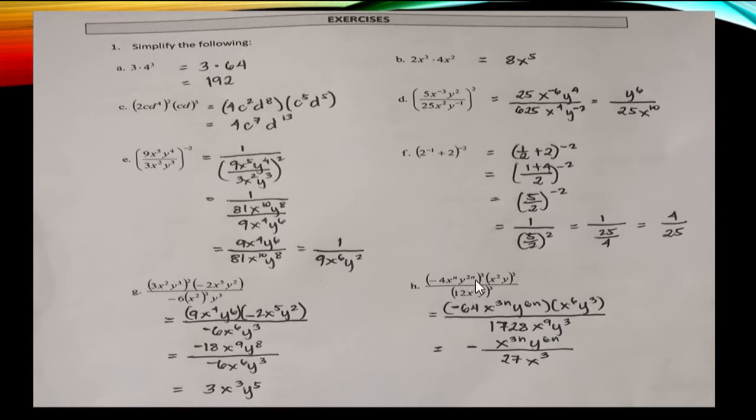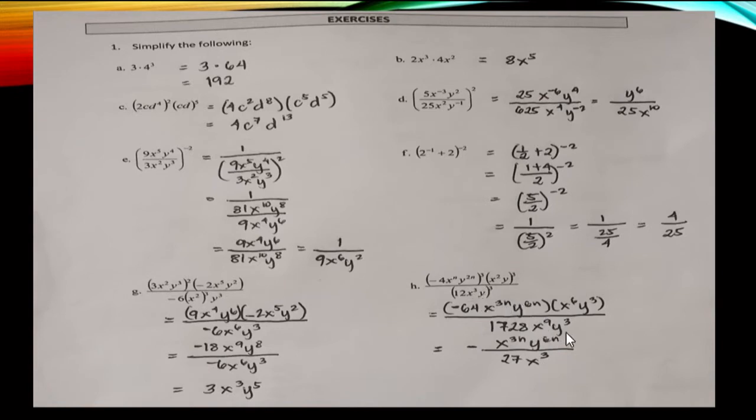Then x to the power of n times 3, that is x to the power of 3n. y to the power of 2n times 3, that is y to the power of 6n. Then x squared times 3, that is x to the power of 6. Then y cube. All over 12 cube, which is 1,728. Then x cube times 3, that is x to the power of 9.